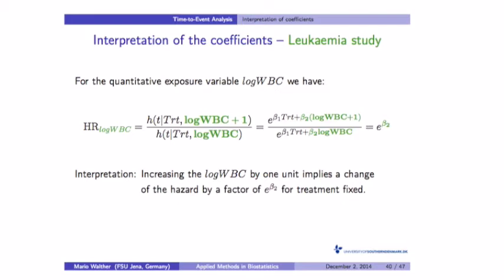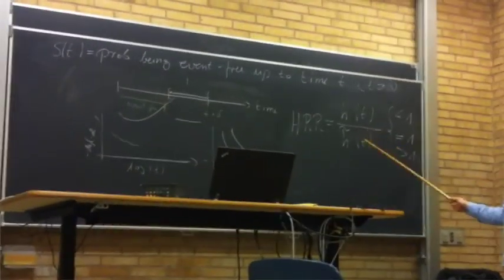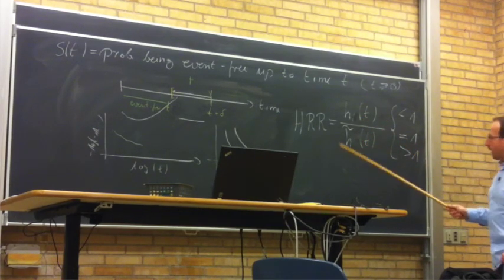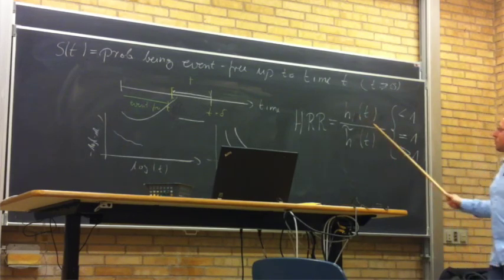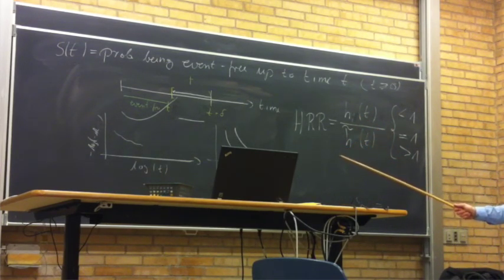If the hazard rate ratio is equal to 1, then both hazard functions are equal. That means there are no differences between these two groups based on the exposure variable, and that both groups have the same time to event experience.